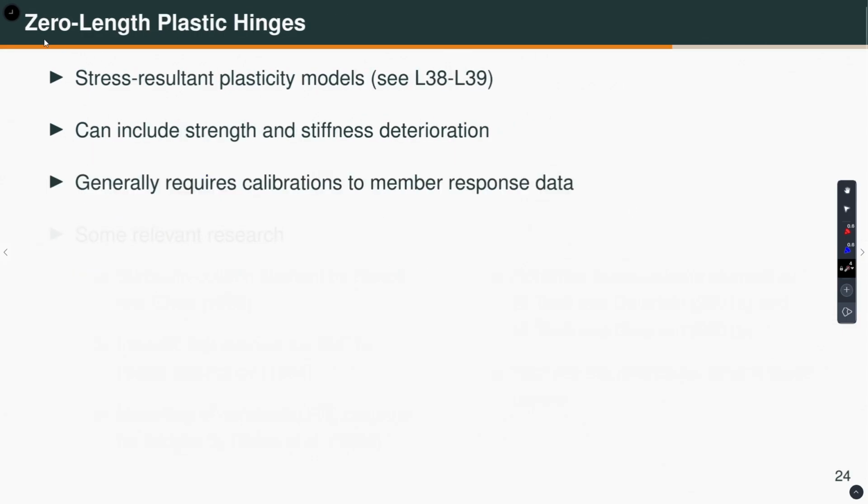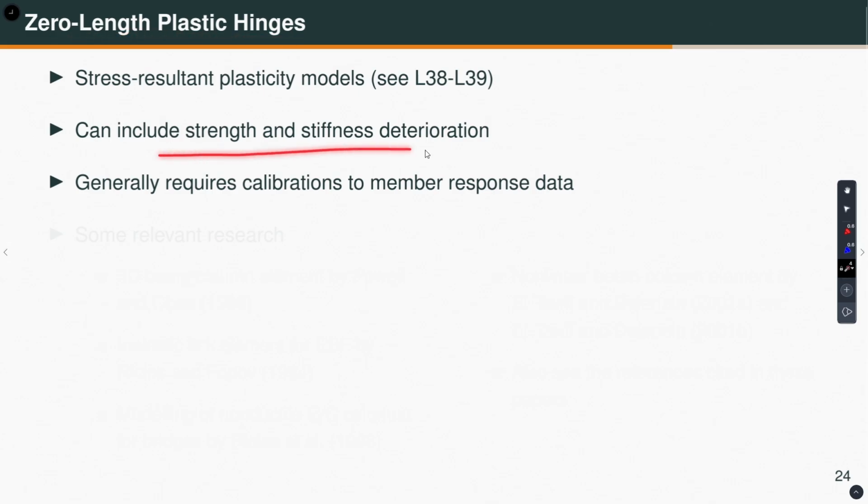Well, the plastic hinge or zero length plastic hinge uses the stress resultant plasticity model that we discussed briefly in this course in lecture 38 and 39. We have extended the plasticity theory to PMM interaction. So, which is what is used in the zero length plastic hinge models. Okay.